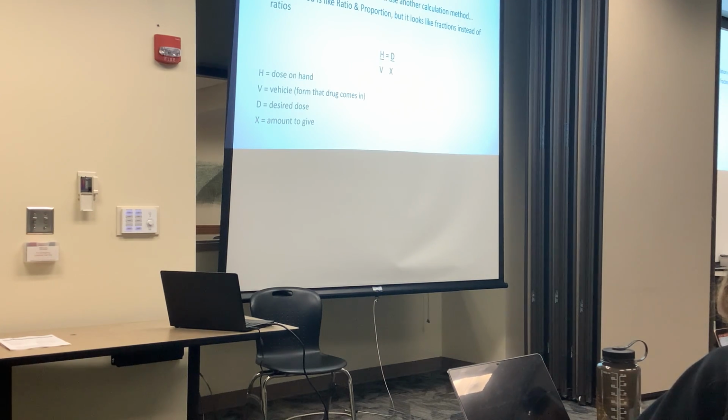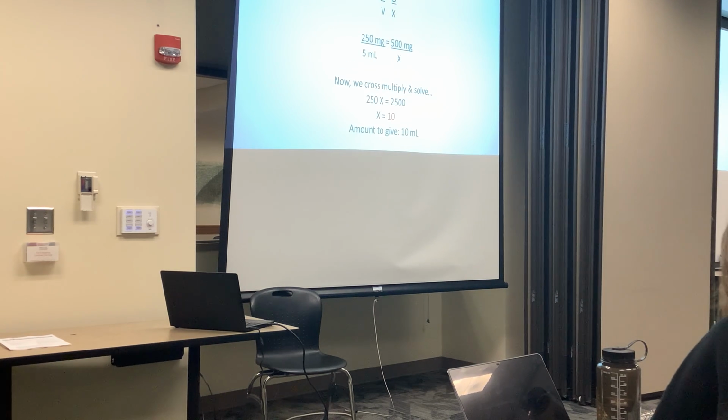Okay, the fractional equation. What's your dose on hand? 250 over your vehicle, 5. And then your desired dose is 500 over X. I guess I should tell you what form so you can see how that works.